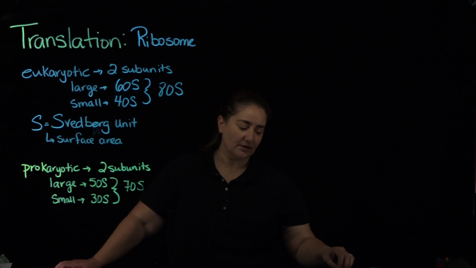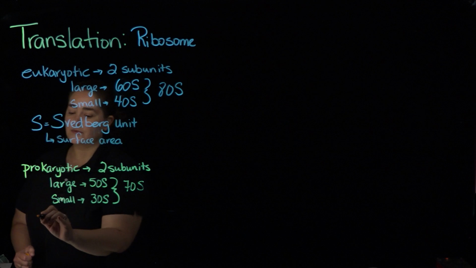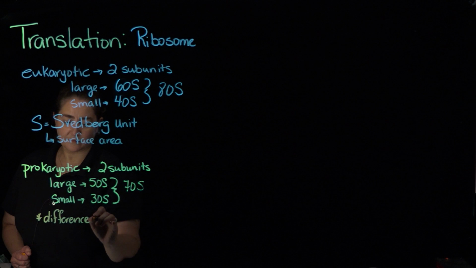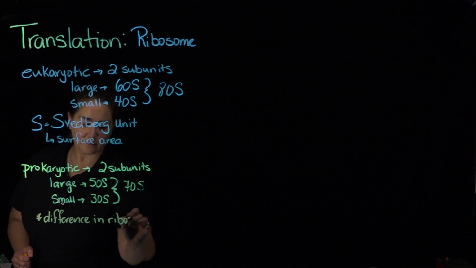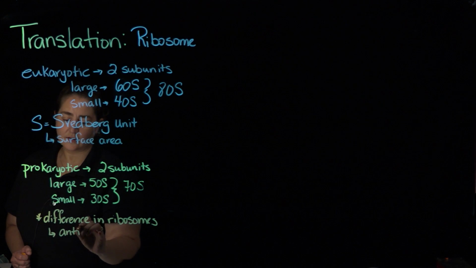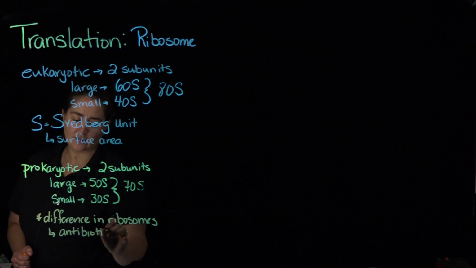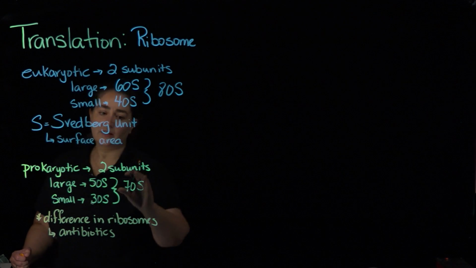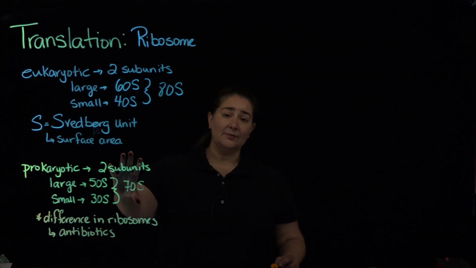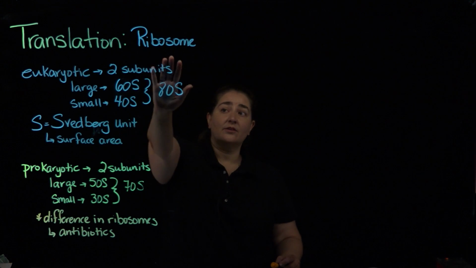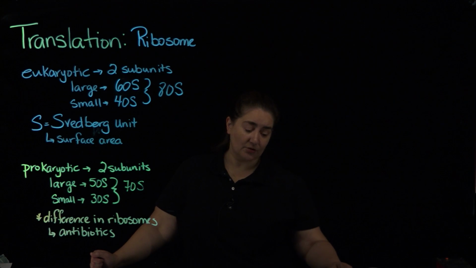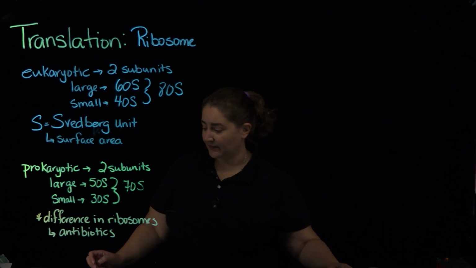Really, the point I want to make is that the difference in ribosomes is what allows certain antibiotics to work. Because the ribosome is different for prokaryotic cells, you can inhibit translation in the prokaryotic cell without interfering with the eukaryotic cell, because that would be important. You don't want to inhibit your own protein synthesis, okay?